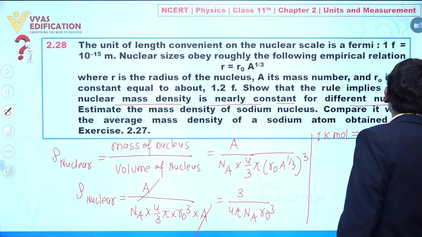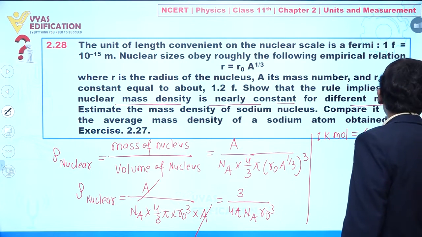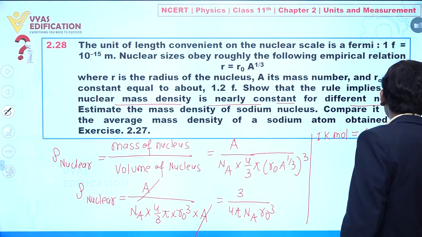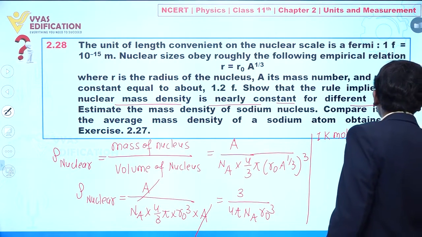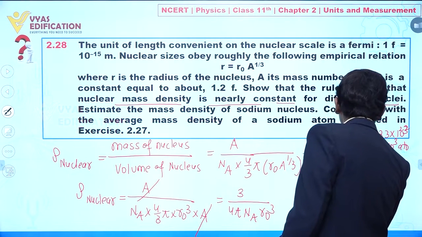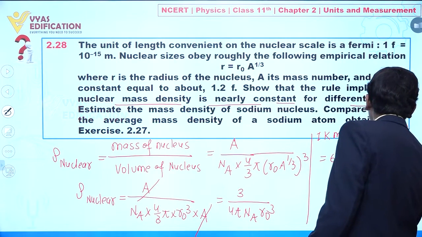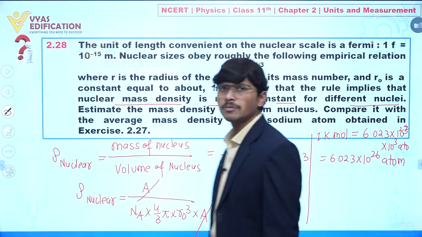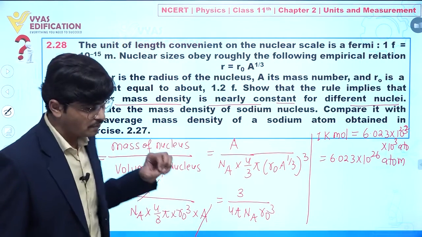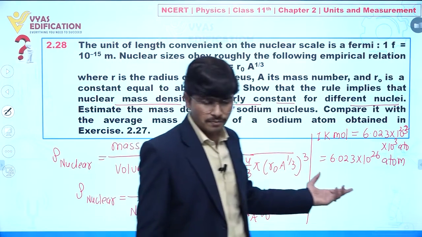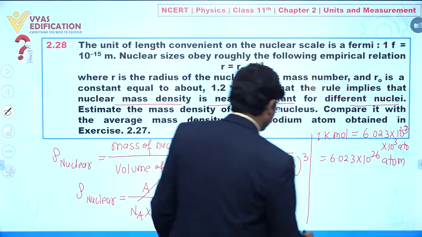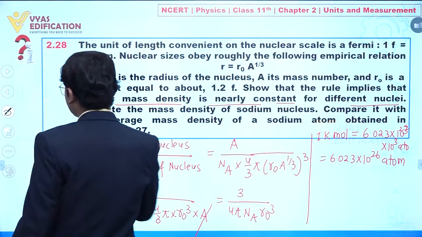So in 1 kilomole this is equal to 6.023 into 10 to the power 26 atoms. I am just assuming. So this is the value of number of atoms that is present. Now we can put in all values.